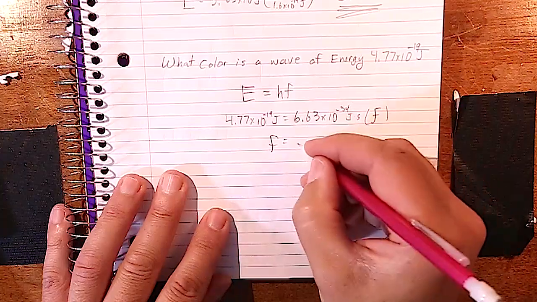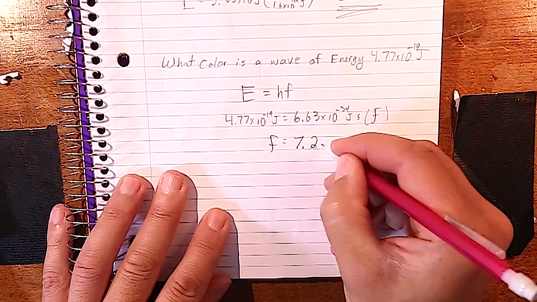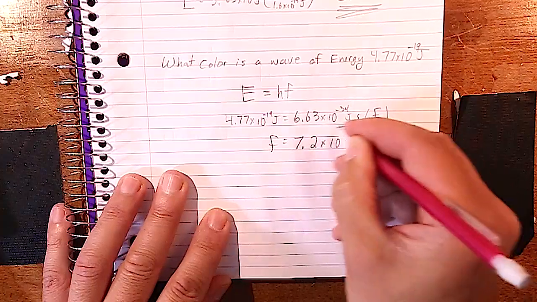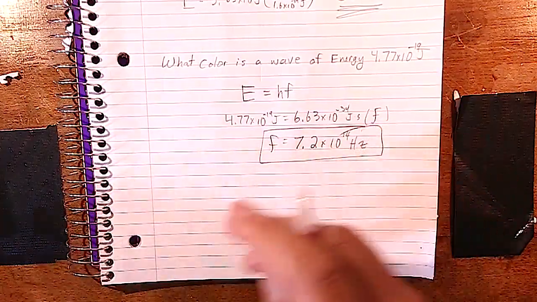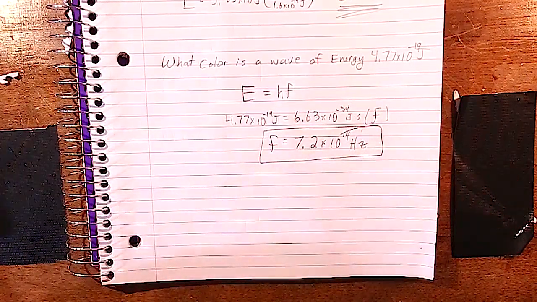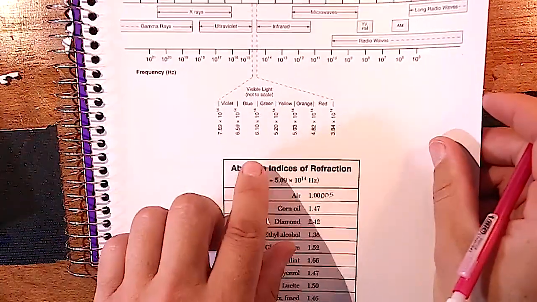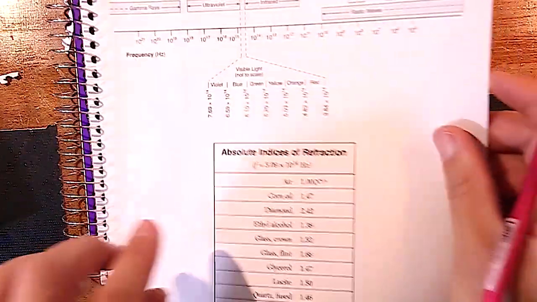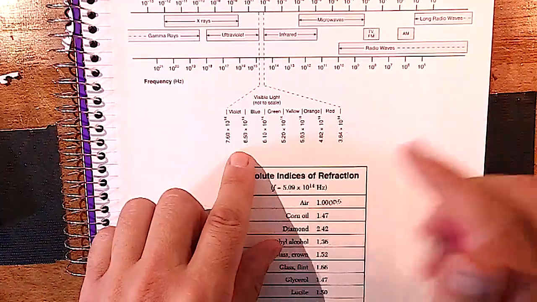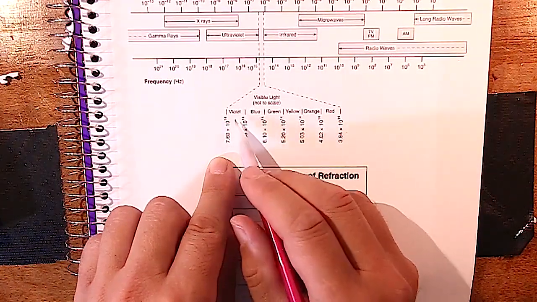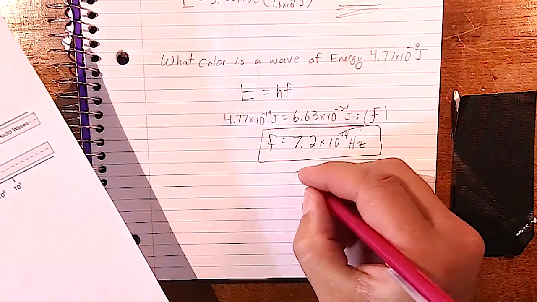That comes out as 7.2 times 10 to the 14th hertz. We can look that up on our chart. For light, 7.2 times 10 to the 14th puts us right in here. So the answer is violet light.